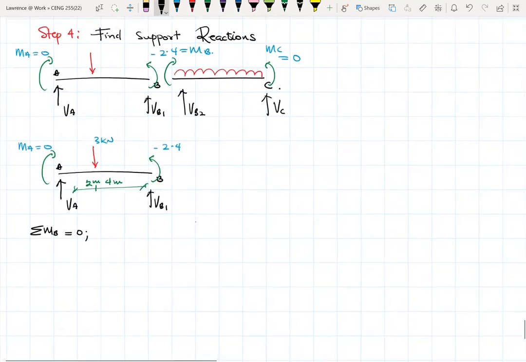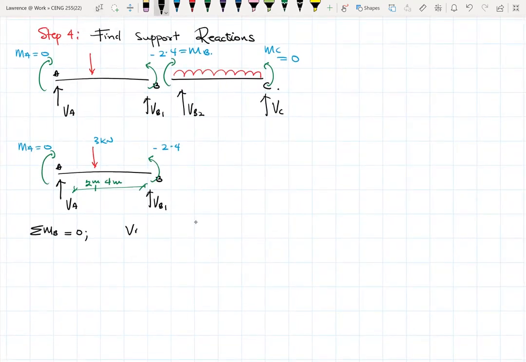That implies that we have VA times 6 minus 3 times 4. And then the point moment will come into play. So the point moment would be minus 2.4. I will explain why that is the case shortly.